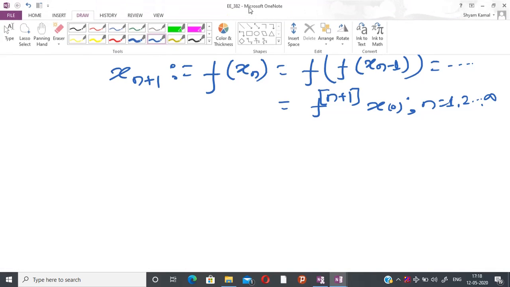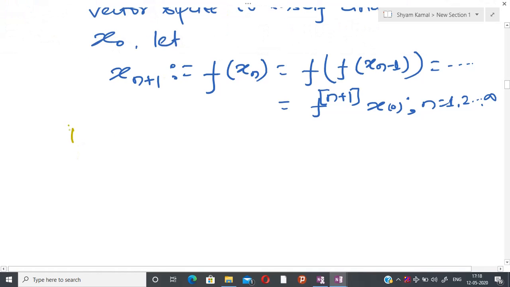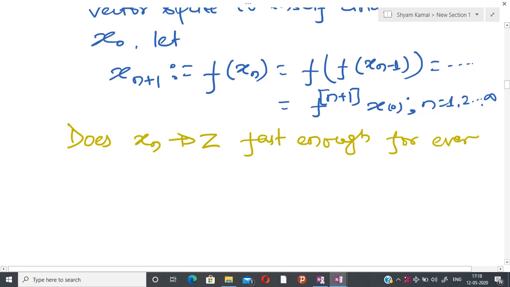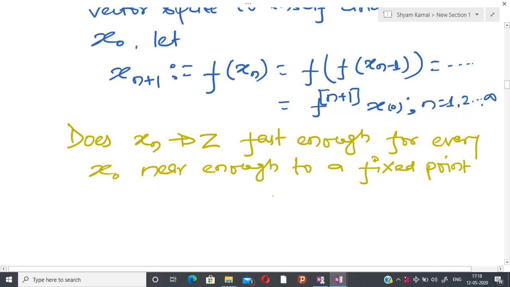So basically we are stating the problem like this: does x_n tend to z fast enough for every x0 near enough to a fixed point, and that fixed point is nothing but the solution.